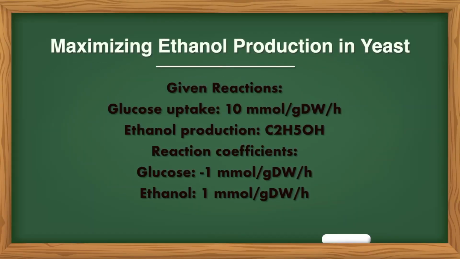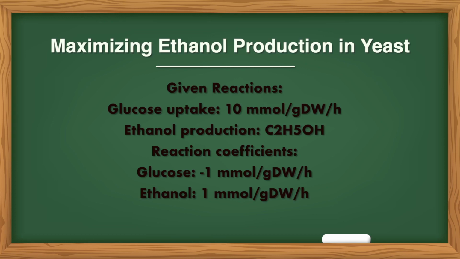In this case, let me tell you the different reactions associated with it. First one is the glucose uptake rate, again it is 10 millimole per gram dry cell weight per hour. The ethanol production reaction is C2H5OH. So, what will be the objective function? It is a maximization of ethanol production, that is C2H5OH.